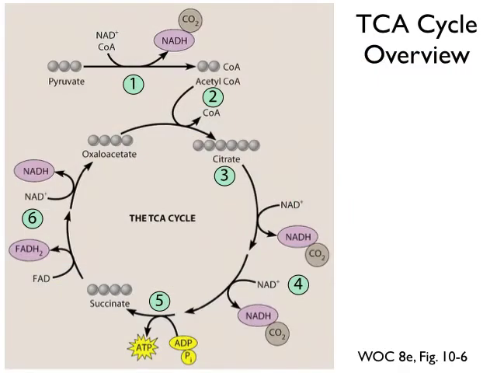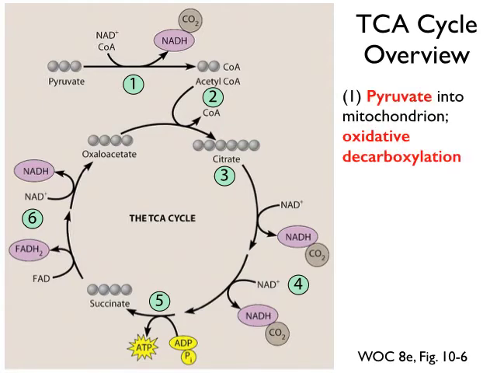Okay, so with that preface then, let's consider the steps of the TCA cycle. You can see in this figure, which is figure 10.6 from your text, we've numbered these key phases in 6 steps. The first phase at the top involves pyruvate itself.